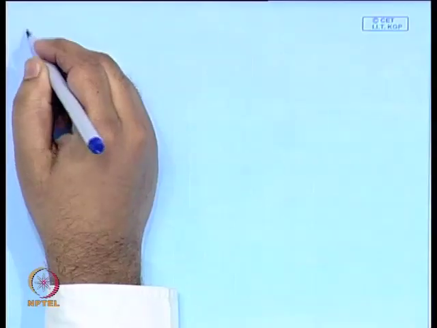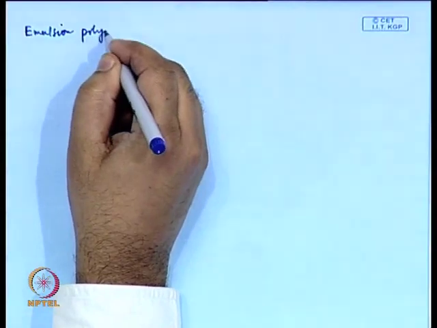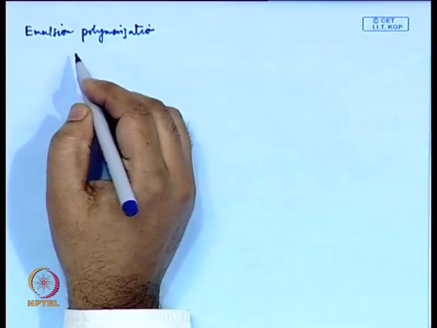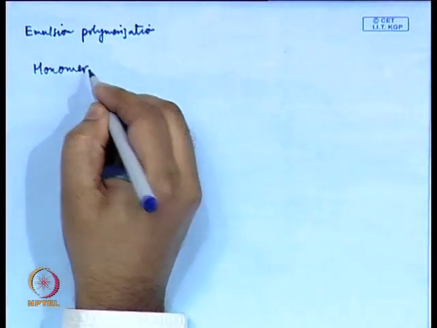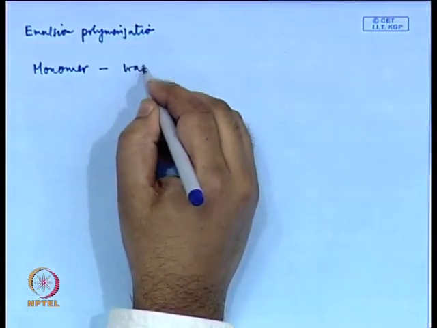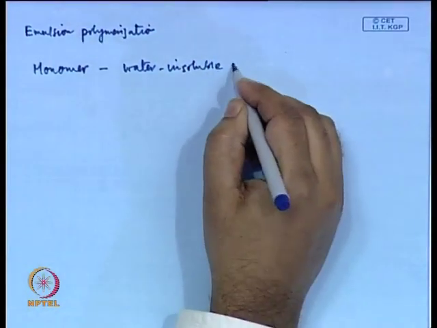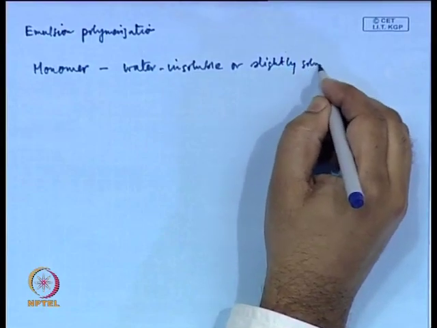Now, let us go back and look at the mechanism of emulsion polymerization. What are the constituents? At the beginning, what constituents do we have? We have monomers, which are water insoluble or very slightly soluble in water.